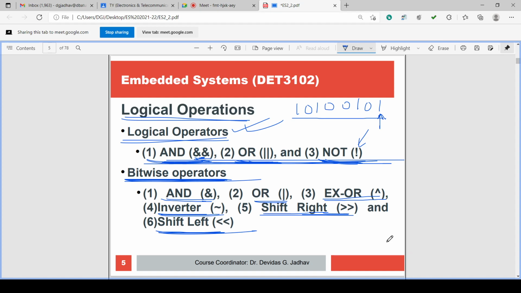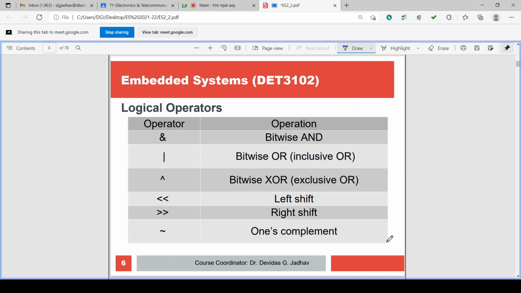In logical operation, NOT is the exclamation mark, whereas in bitwise operation the inverter is used. For right shift it is double greater than sign, and for shift left it is double less than sign.